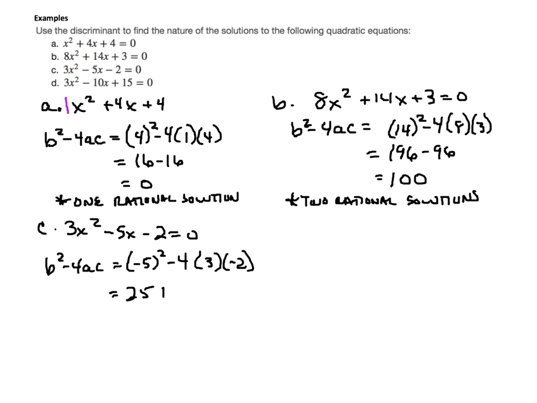Let's see, 12 times 2 plus 24, which is 49. Oh, we got another two rational solutions. Did I do that right? Yeah, I guess I did. I thought that they would give us one of each, but I got tricked. So two rational solutions because 49 is a perfect square.